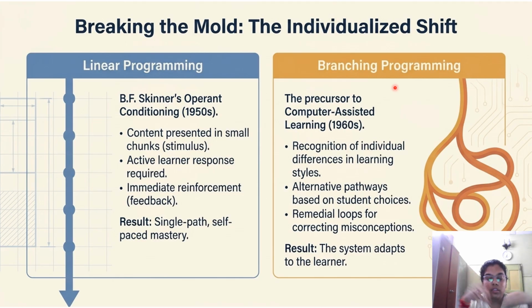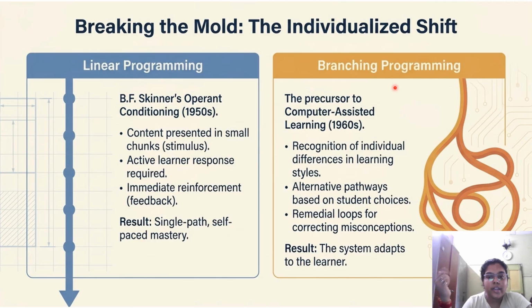Here, in the case of branching programming, individual differences in learning styles are recognized, because each and every learner can possess their own style of learning. Each learner has some individual differences, and those individual differences are recognized here. Then alternate pathways are based on students' choice, so preference is also given to students' choices.